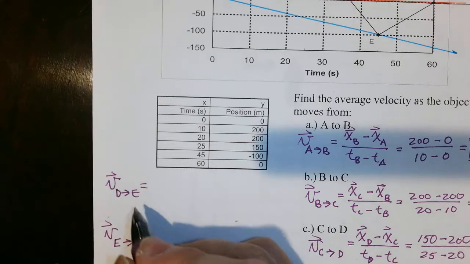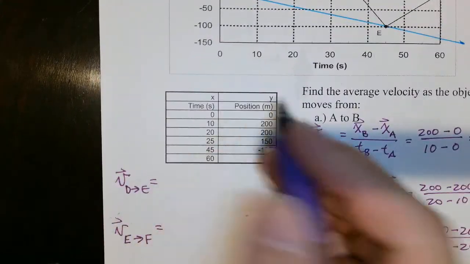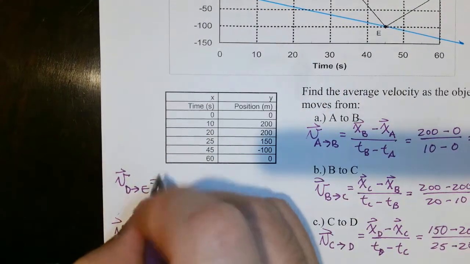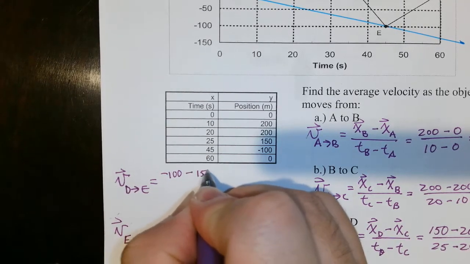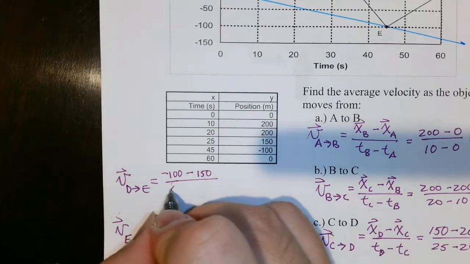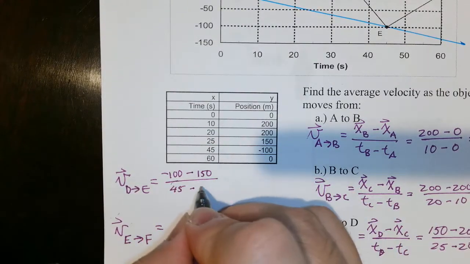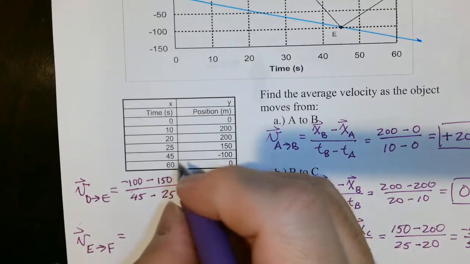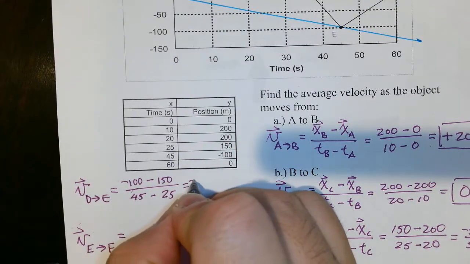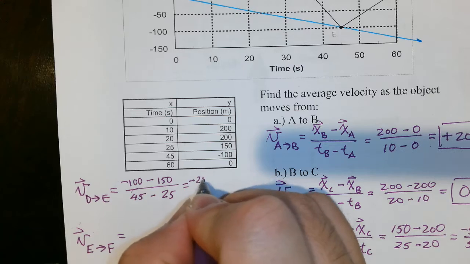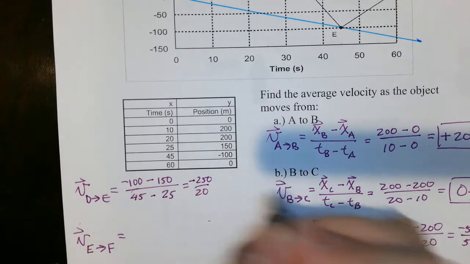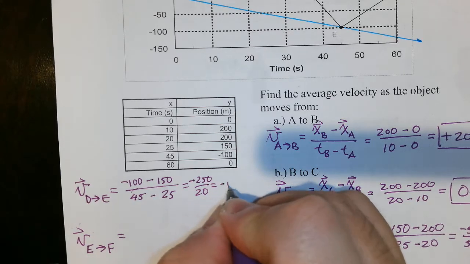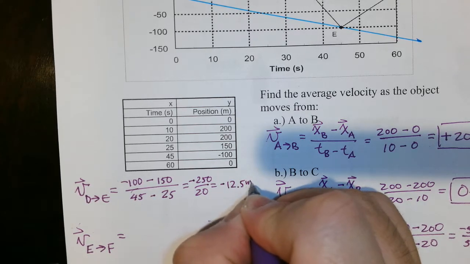So D to E, it is basically negative 100 minus positive 150 over 45 minus 25, and that is equal to negative 250 over 20, and that is negative 12.5 meters per second.